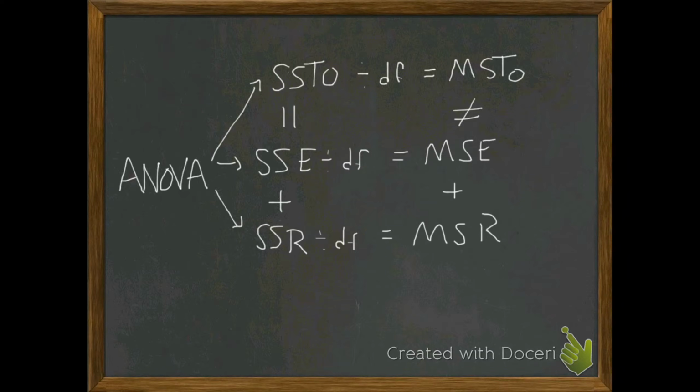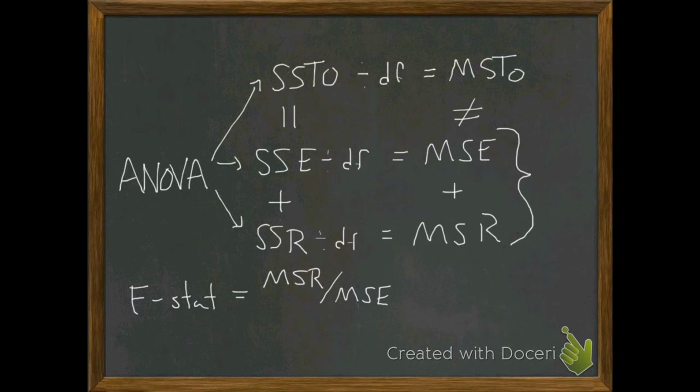What we can then do is take the mean square regression and the mean square error. We can create our F statistic by taking the mean square regression divided by the mean square error.